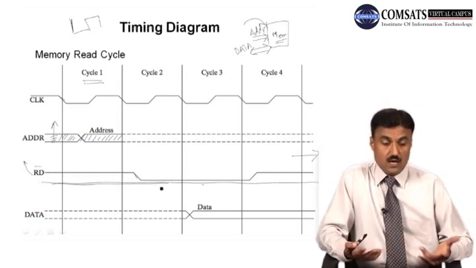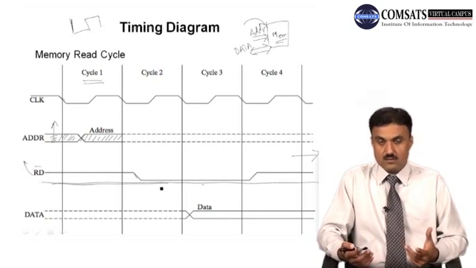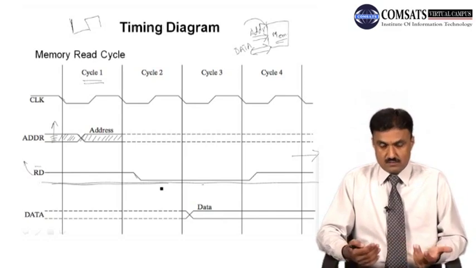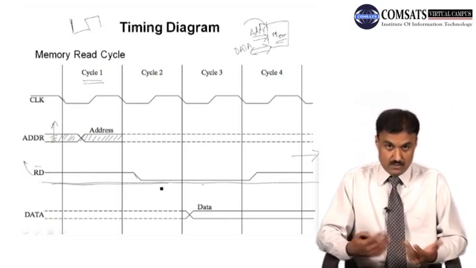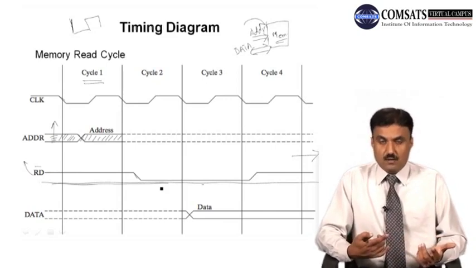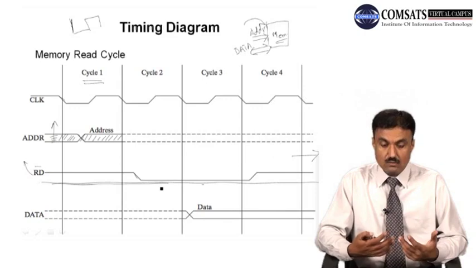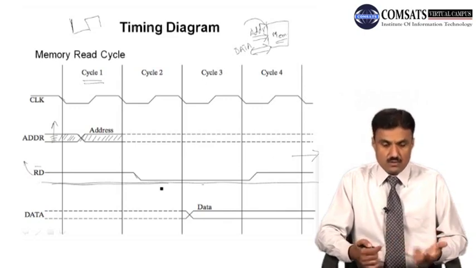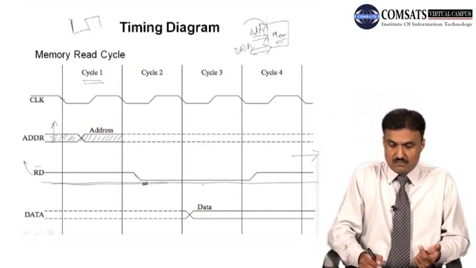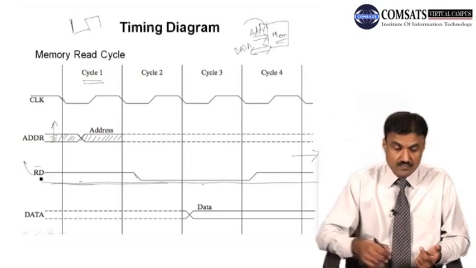When the signal is high, some control lines depend on whether they are complemented or not. If you know digital logic and design, you must know the truth table and how these signals work. So for example, if it is low, then it will take the action, for example the read action will be performed.